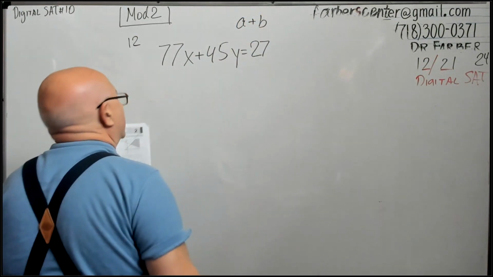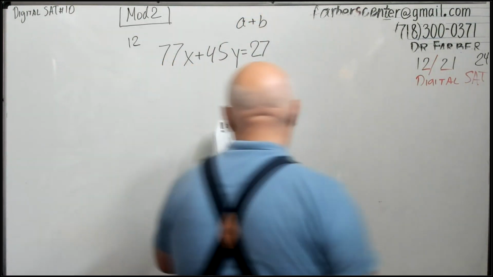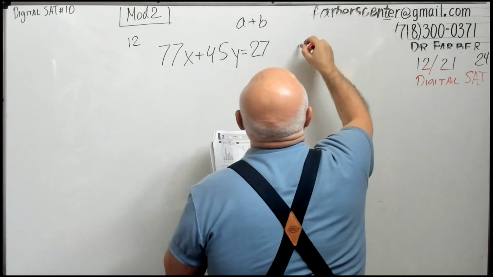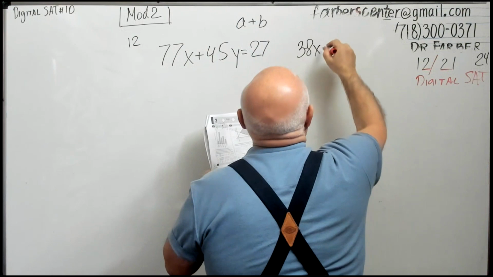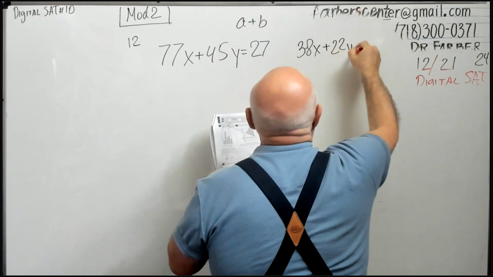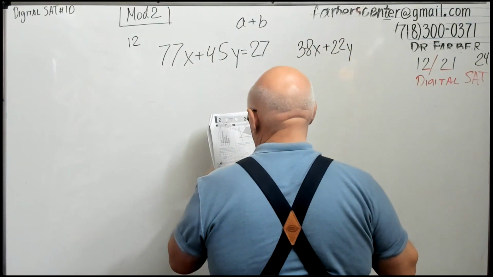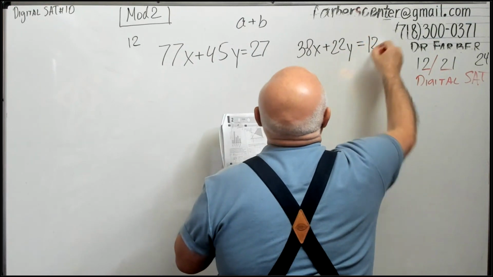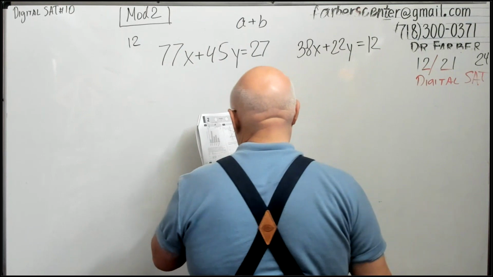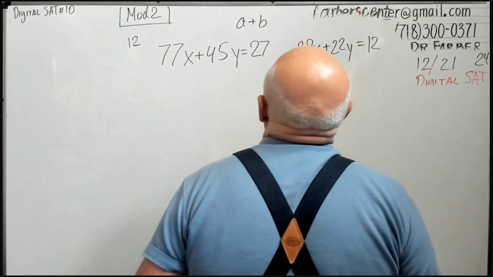To save space and time, I will write the second one: 38x + 22y = 12. What is A + B?